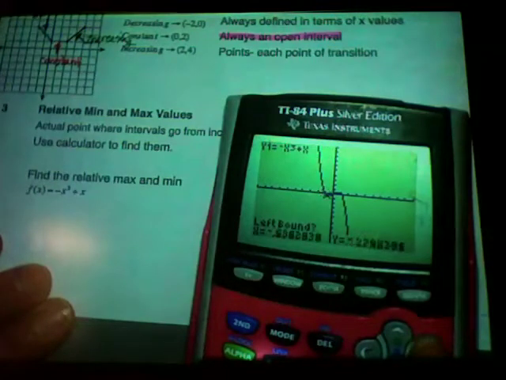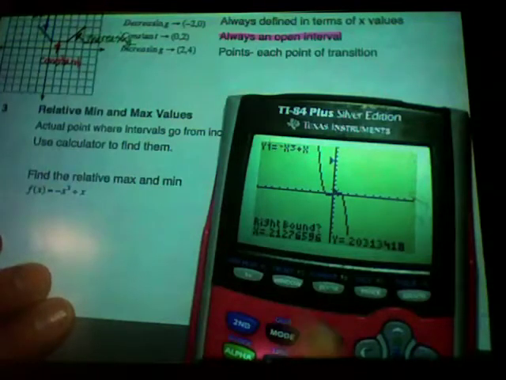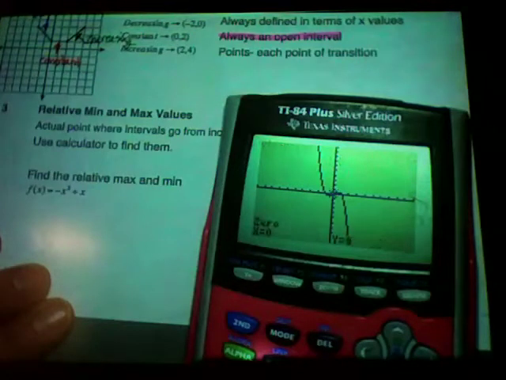So this time I need to make sure I'm below the x-axis. Hit enter. Oh, I did that wrong. I need to be above the x-axis and then below, because it's so tight in here. You could zoom in if you wanted to. So I'm going to cancel this. Cancel, cancel. Oh look, I got 0, 0 anyway.